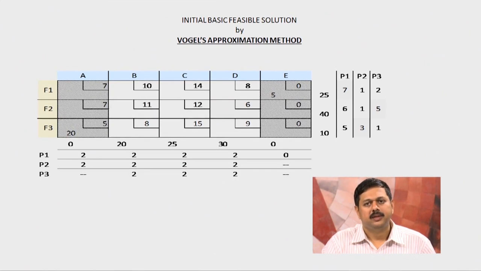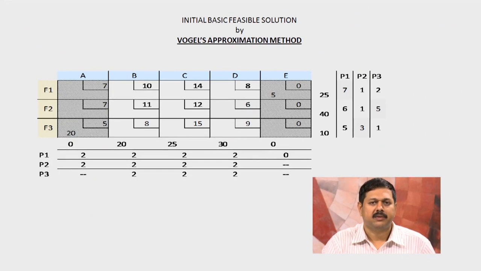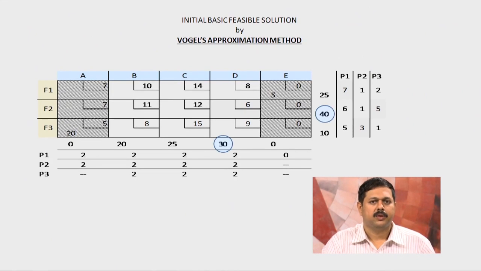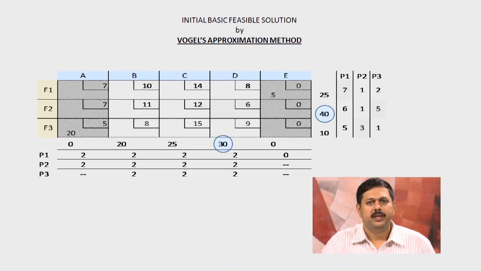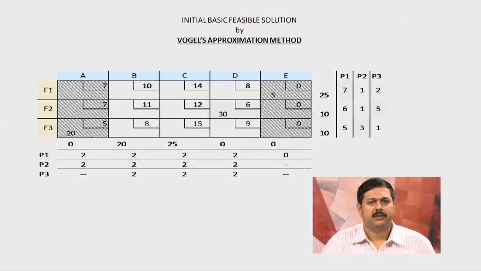Now, it is 30 requirements in store D versus 40 available in the factory F2. So, allocate this cell with 30 so that all the requirements of store D are fulfilled and 10 more items are available in the factory F2. Since there are no more requirements in store D, block column D.